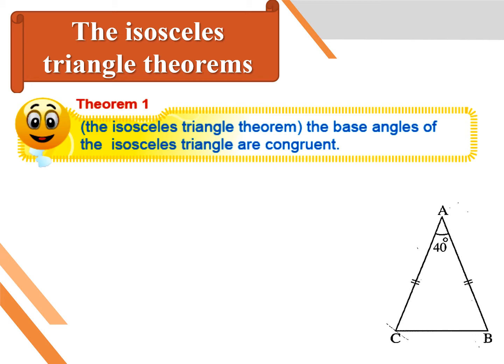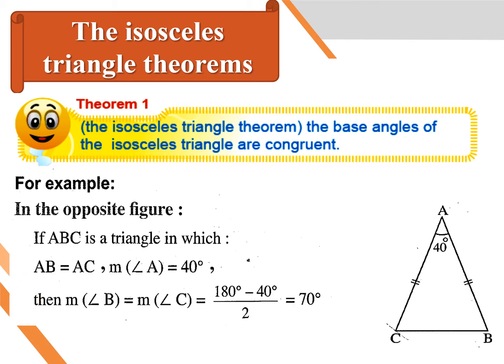Look at this figure. In triangle ABC, I have AB equal to AC and the measure of angle A equal to 40 degrees. How do we find the measure of angle B and angle C? We said in the theorem, if AB equals AC, it's an isosceles triangle, so the base angles are congruent.